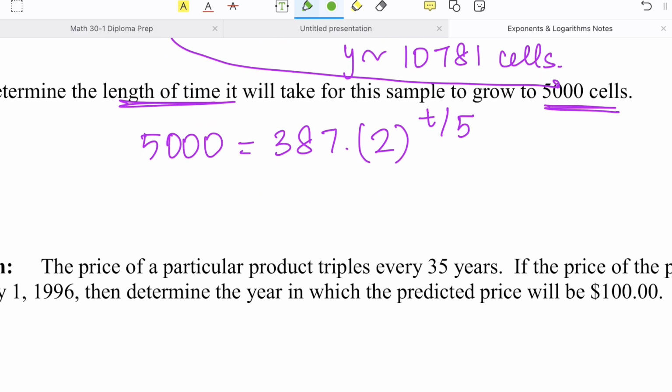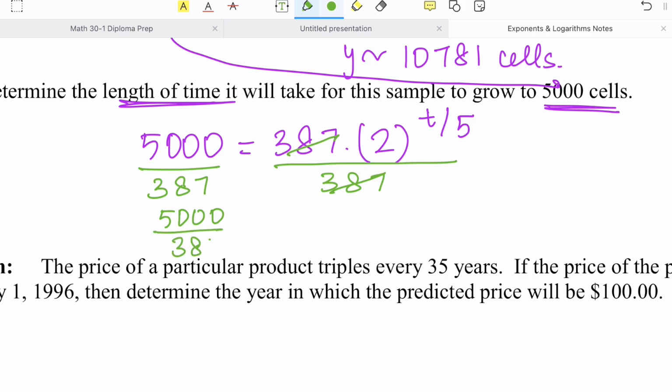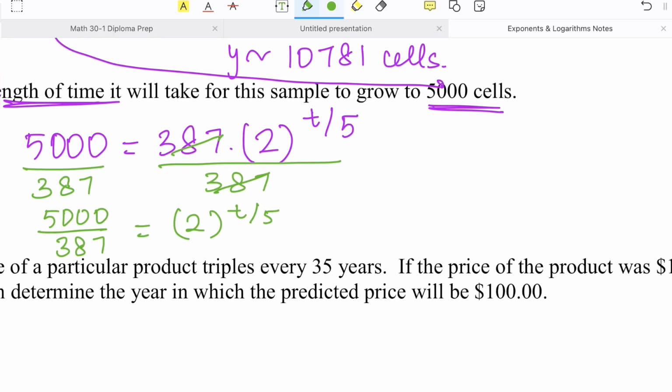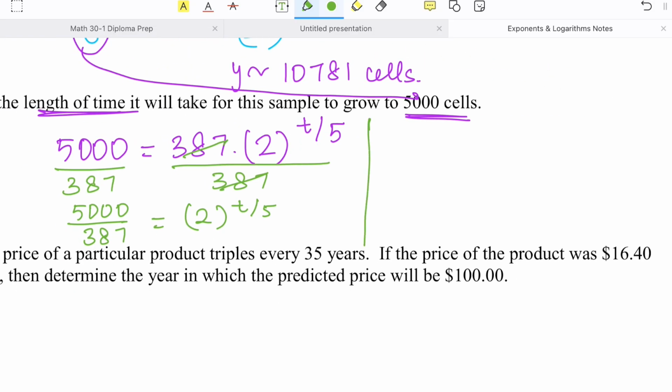So it's going to be divide by 387. This is what we just did. Okay, so when you divide it, you're isolating your power. So you have 5,000 over 387 is equal to 2 to the power of t over 5. Now I can convert that into log form, right?